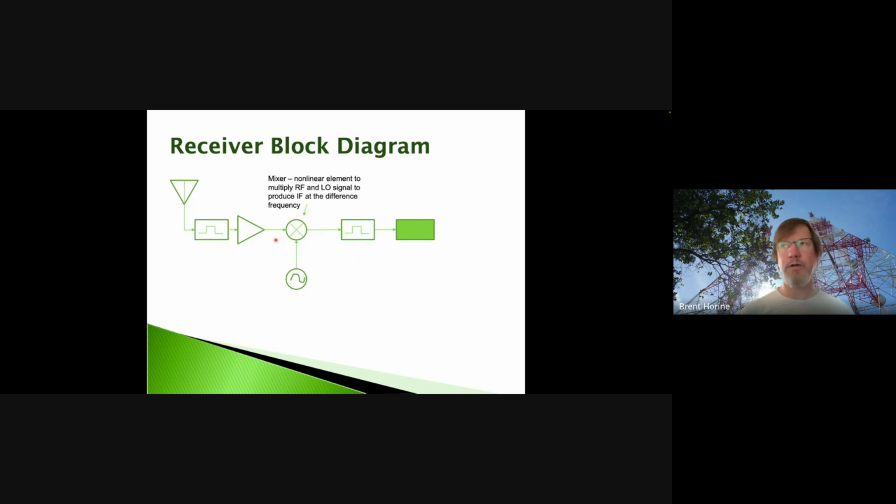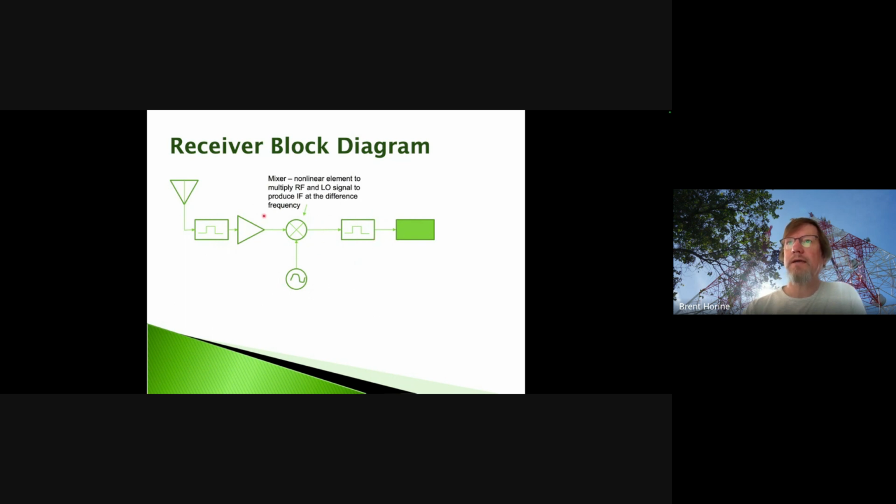We saw a little question on the exam on that one. And looking at the different frequencies, right? So here at the output, you'll have the sum of these two frequencies. You'll have the difference of these two frequencies. And you'll also have a little bit of this signal, a little bit of that signal, and twice the signals and so on, right? But the ones we're normally interested in are the difference of these two in a receiver, right?